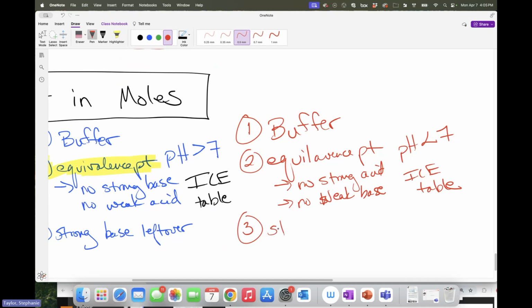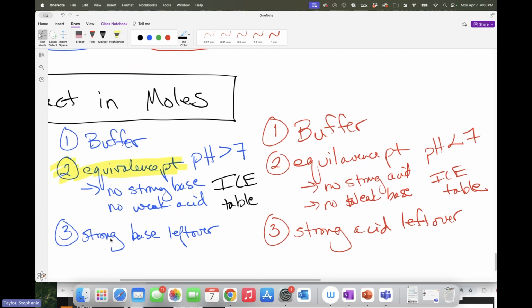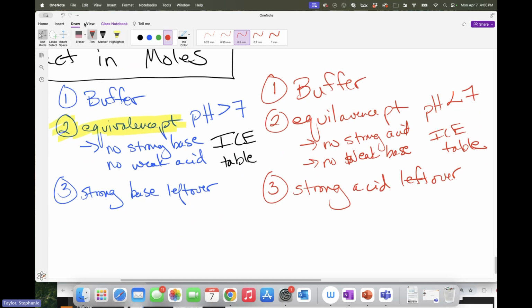Or 3, you have strong acid left over. So we've done 2 and 3 for a weak base strong acid titration. But do look for those weak species, how similar that list is. Buffer, equivalence point, the strong thing is left over.